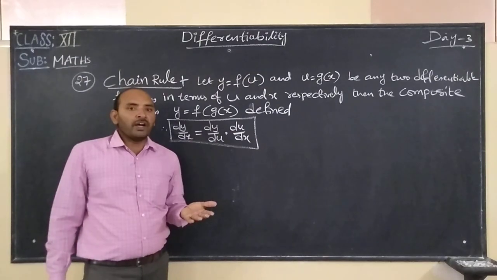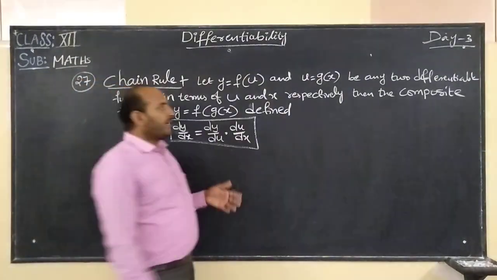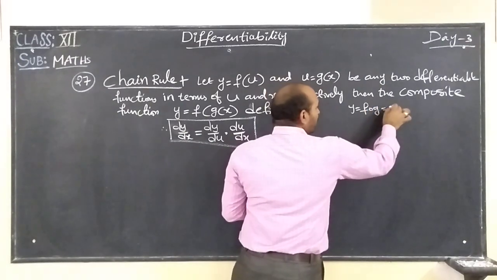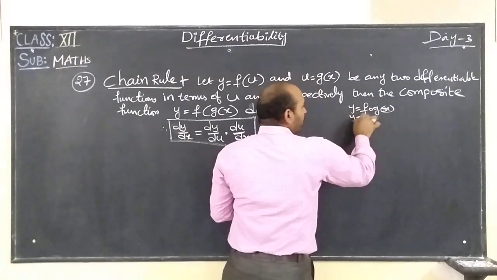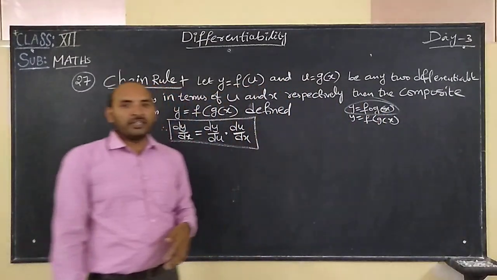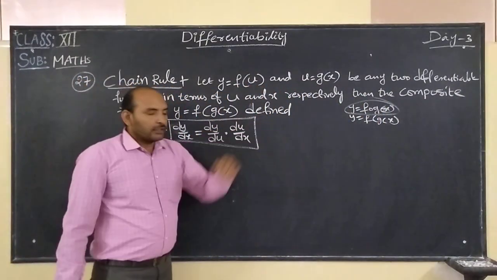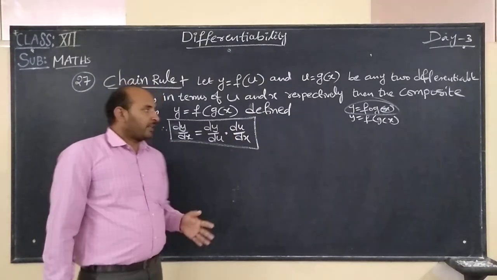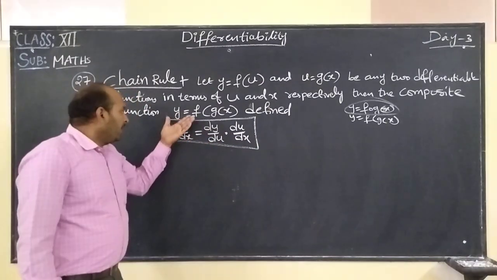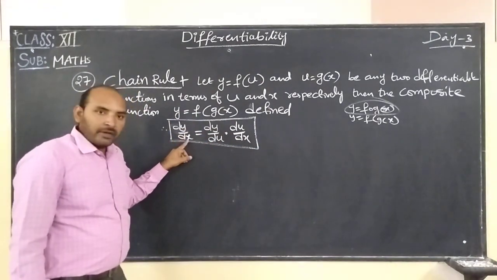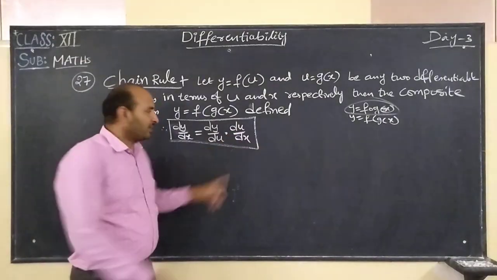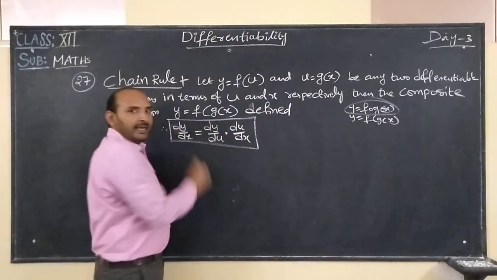You can write as f circle g. y is equal to f circle g of x, that is y equal to f of g of x defined. You can write the derivative dy by dx with respect to x as dy by du into du by dx. So du cancels, you will get the same thing.